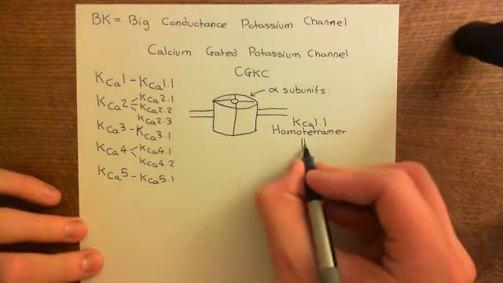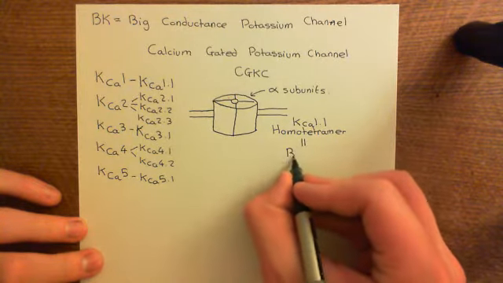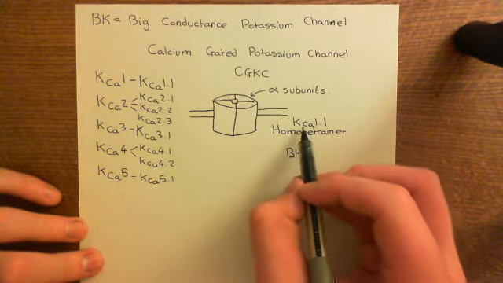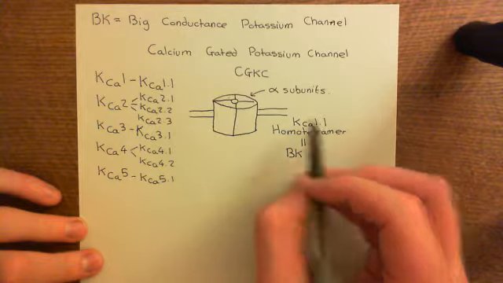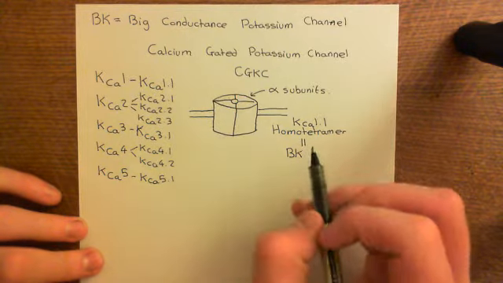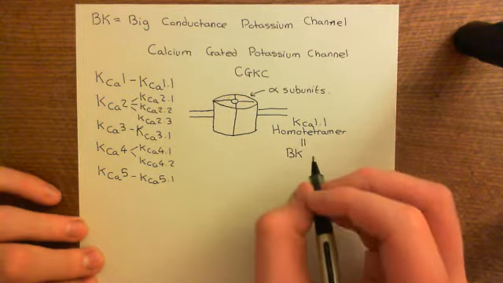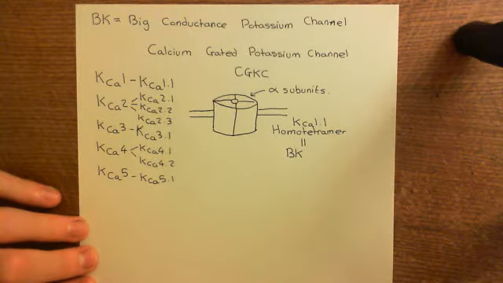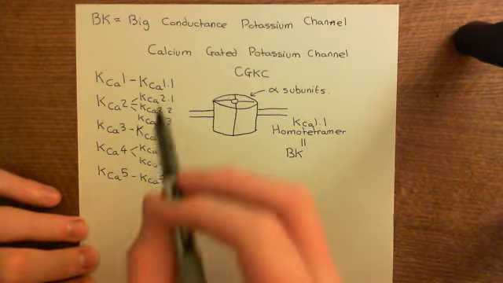And this structure is what is known as the big conductance potassium channel. So when you stick 4 KCA 1.1 alpha subunits together, that makes you the big conductance calcium-gated potassium channel.